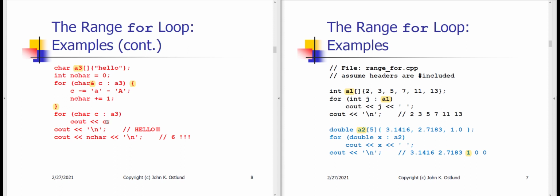Now here's where the fact that I initialized A3 with a string literal creates perhaps a surprise for me, because remember there are 6 characters in that string literal, H-E-L-L-O and null. Now, what happens when you take a null and subtract 32 from it?